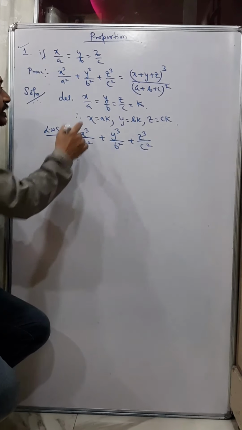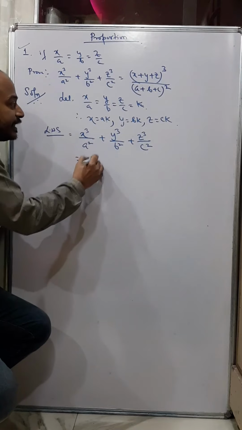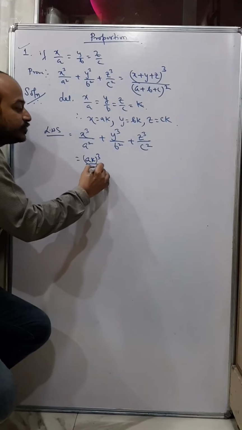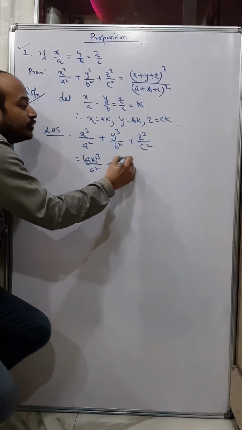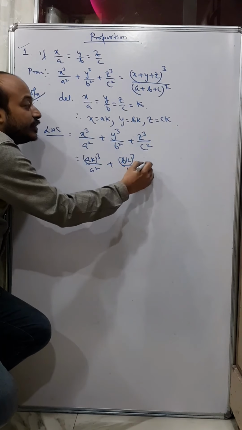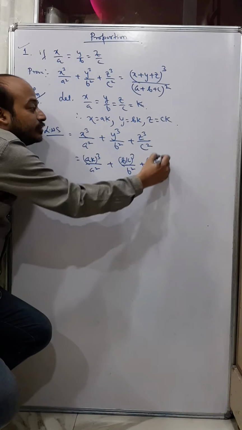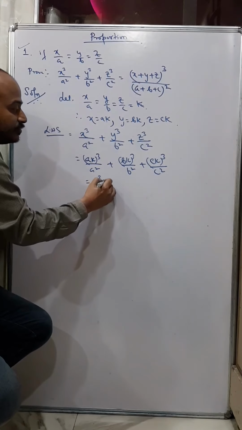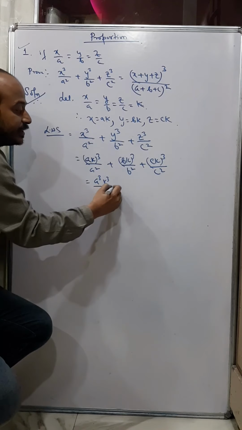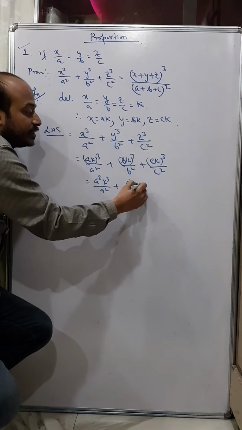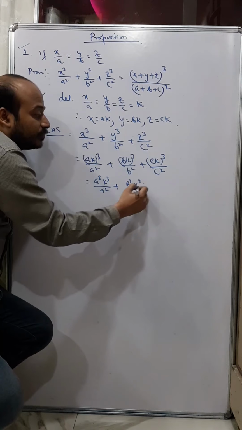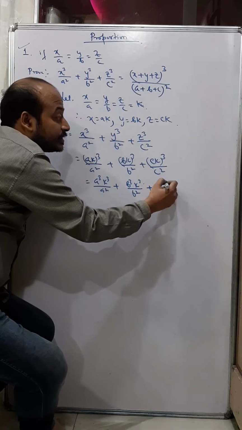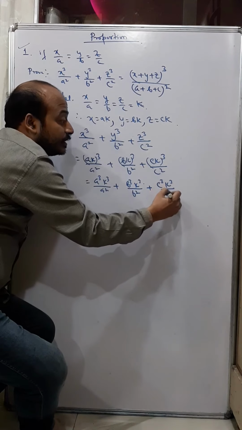So for example, I'll put here ak whole cube by a square plus bk whole cube by b square plus ck whole cube by c square. I will simplify this: a cube k cube by a square plus b cube k cube by b square plus c cube k cube by c square.